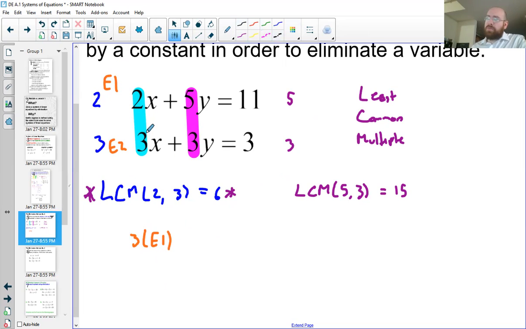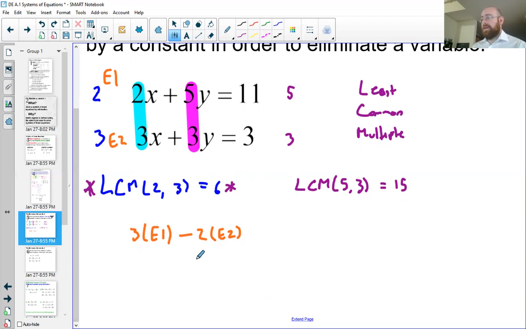Since both terms are positive, I will need to multiply the second one by a negative number. So 3 times E1 minus 2 times E2 is the new equation that I'm going to make.